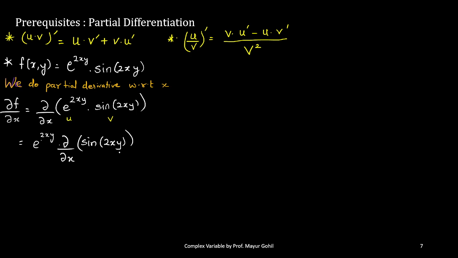Okay, after that we will go for plus, and then v is to be written as it is, so it is sine 2xy, and then there is partial derivative with respect to x of u, because u dash is given.